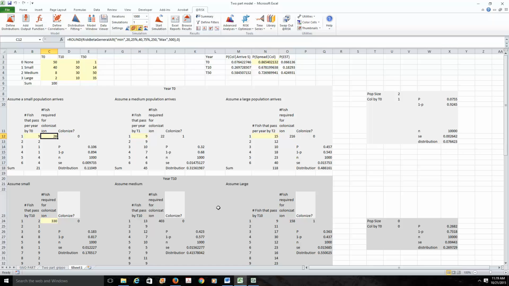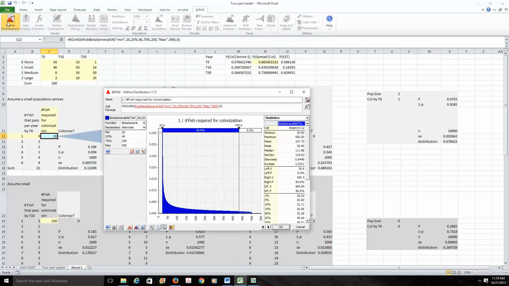And so our expert here, again, the hypothetical expert, said, well, I read the Cuddington article, and that said it could be as few as 20 fish. That seems kind of low, but let's go with 20 as a minimum.